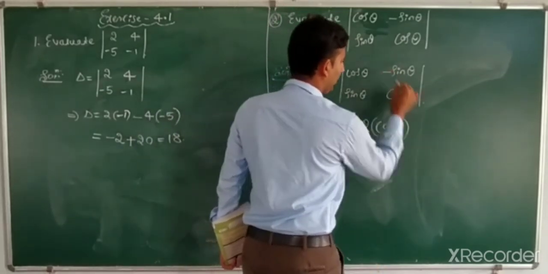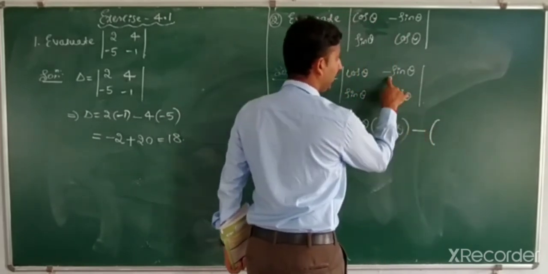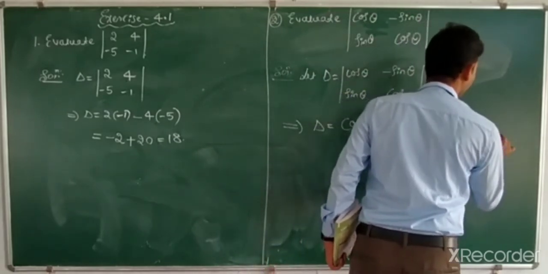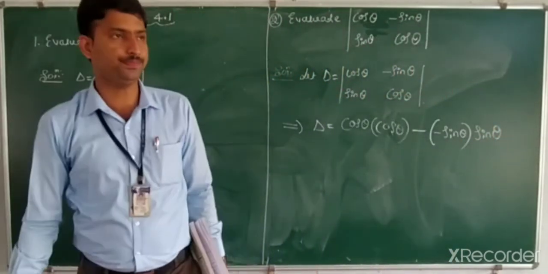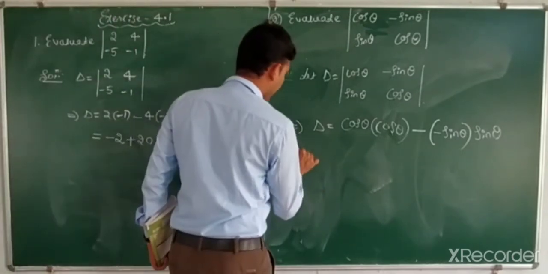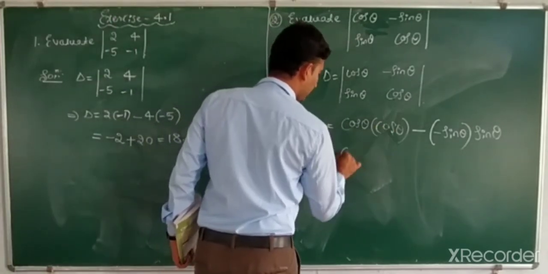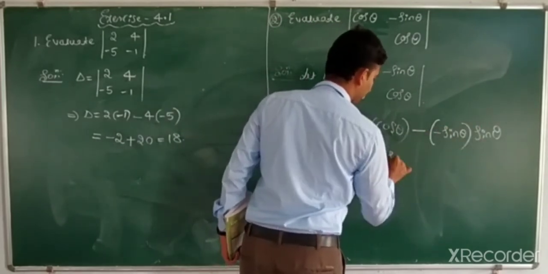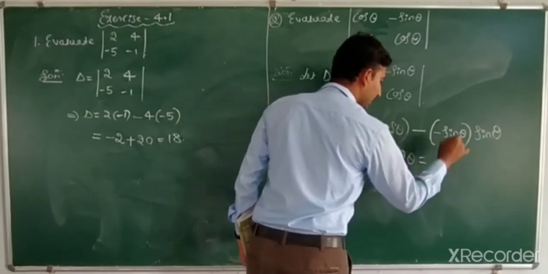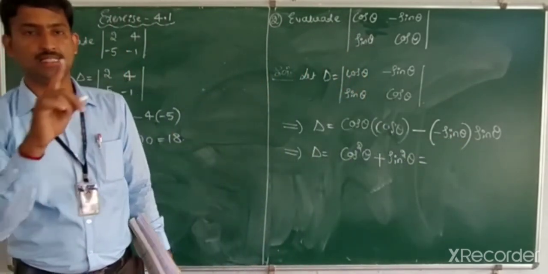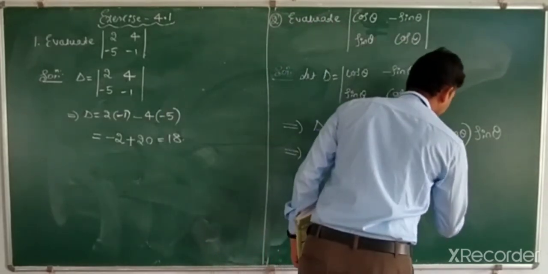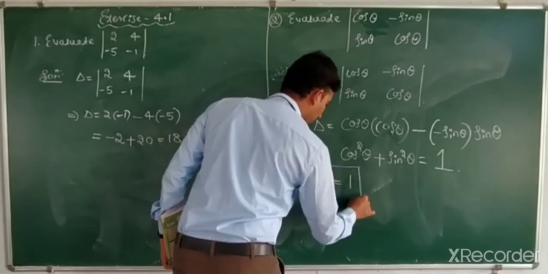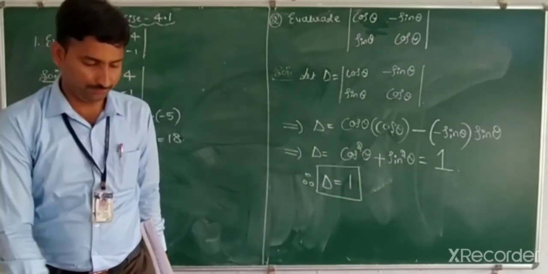Cos into cos, minus, here there will be minus sin theta into sin theta. Then delta is cos square theta, minus of minus plus, sin into sin becomes sin square theta. What is the result? Cos square theta plus sin square theta is nothing but 1, according to the identity. Therefore delta is equal to 1.